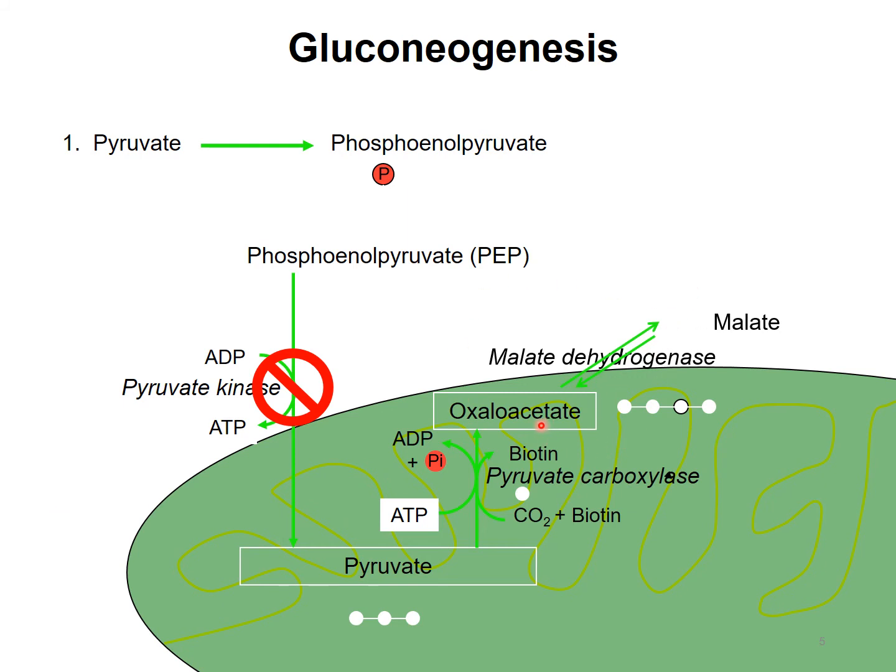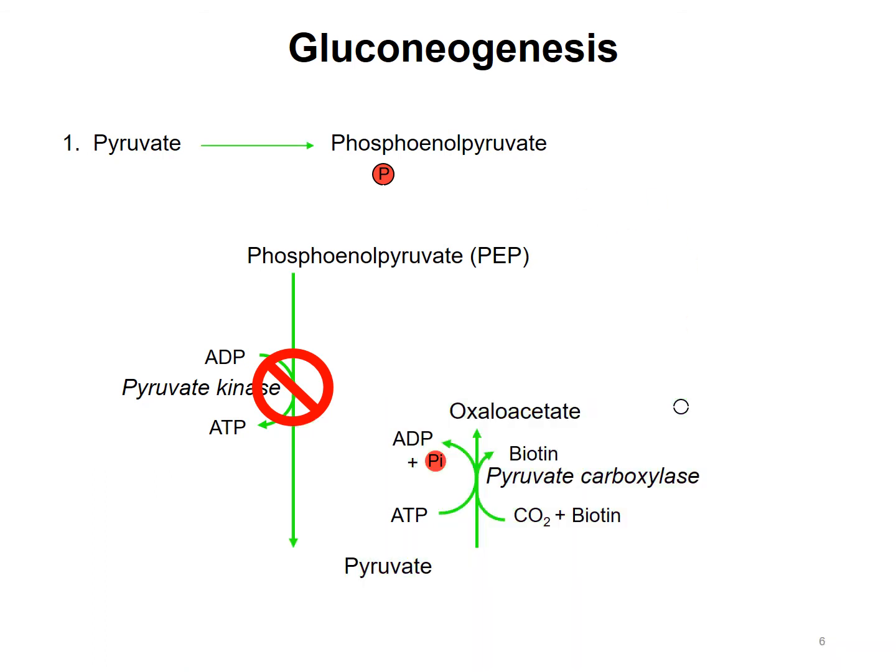membrane. And in the cytoplasm, then malate will eventually be converted back into oxaloacetate so that step 2 can then proceed. So the conversion of oxaloacetate into malate in the mitochondria is using malate dehydrogenase encoded by the mitochondrial DNA, while the conversion of malate back into oxaloacetate in the cytoplasm will be using malate dehydrogenase that is encoded by the nuclear DNA.